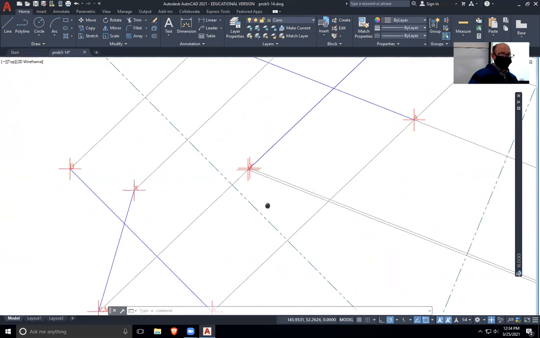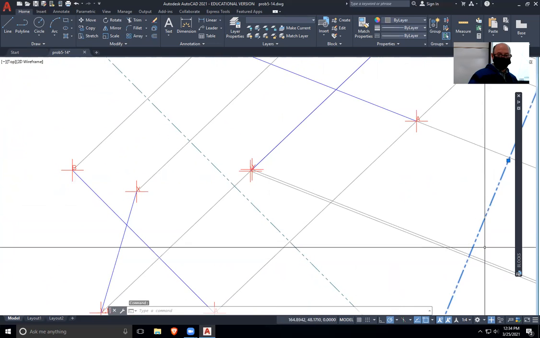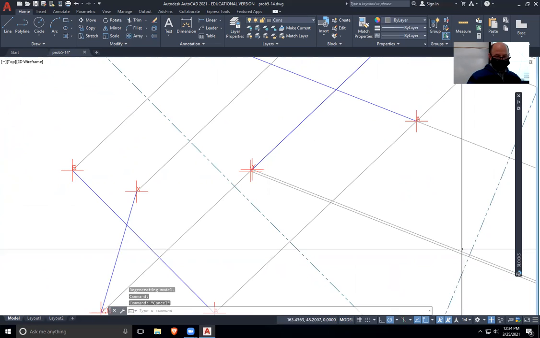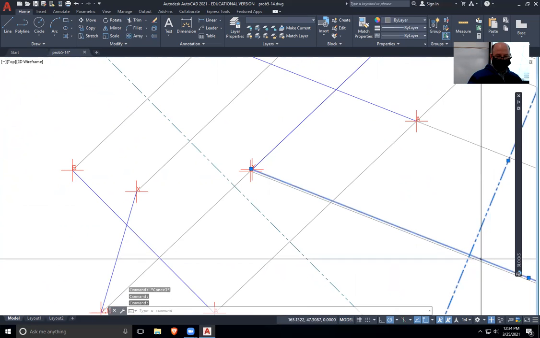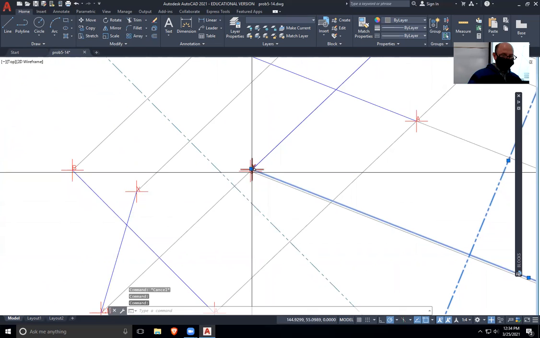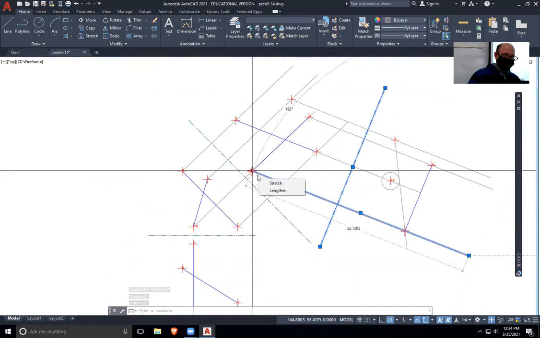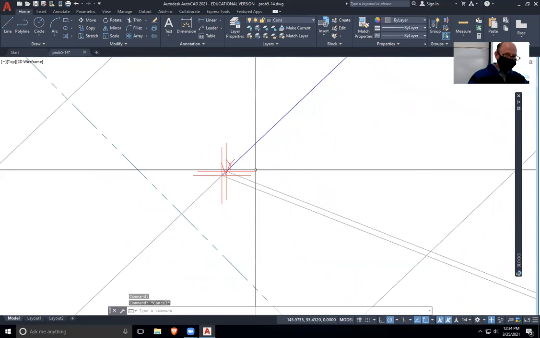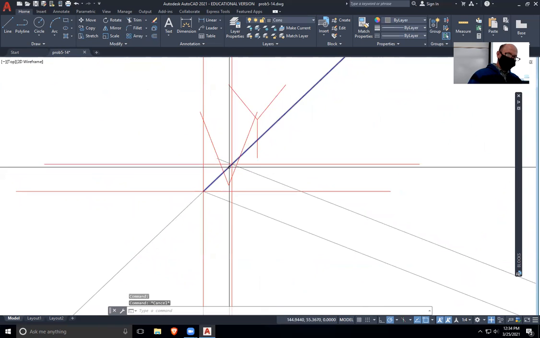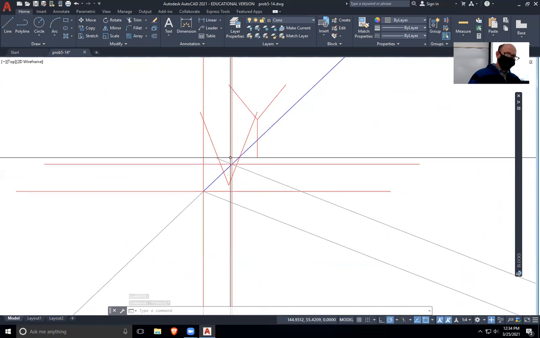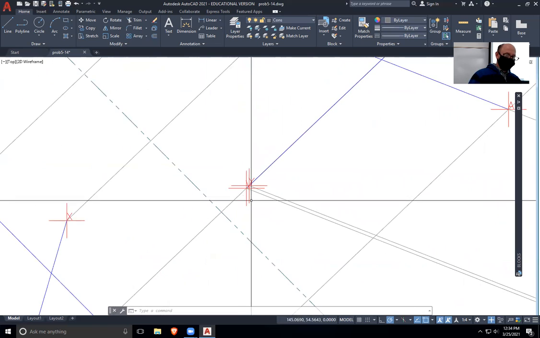And then I project it back perpendicular to my reference line here. So that's this line right here and this line right here, perpendicular. And where that hits VM in this view is where Y is.